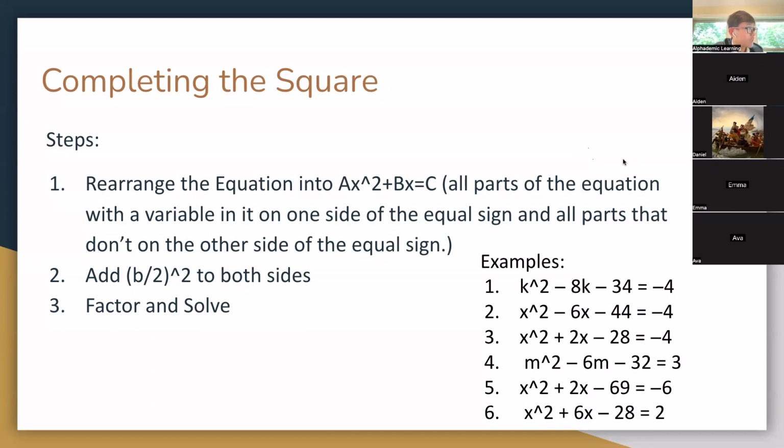And then you can add (b over 2) squared to both sides and solve. The answer for that one would be 4 plus root 46 and 4 minus root 46.